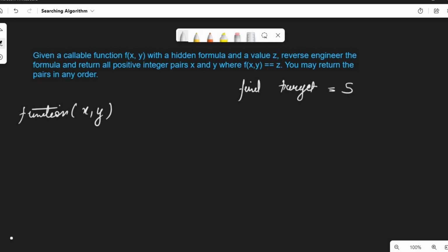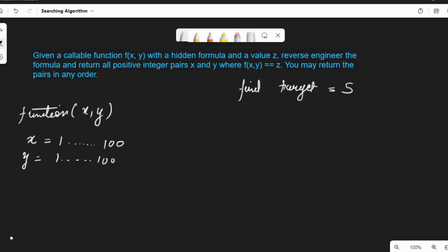Suppose we have to find target 5. Let's take the limit: x starts from 1 to n, or let's take 100, and y will also start from 1 to 100.